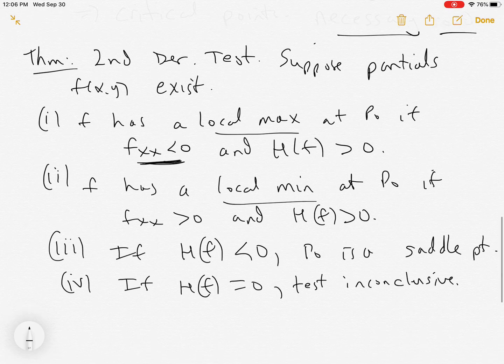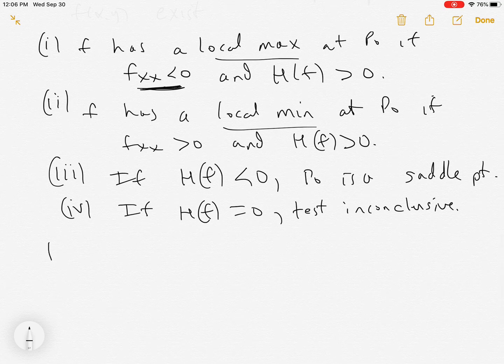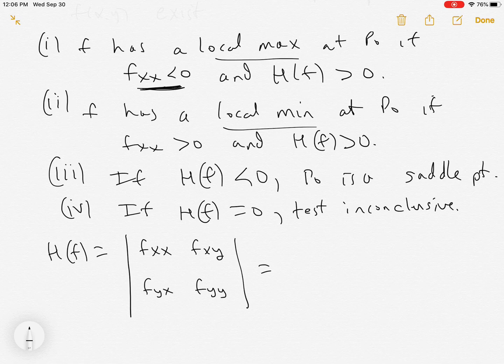And the Hessian is best written as the determinant of a 2x2 matrix of partials. If you write this out, it's f of xx, f of yy minus, and since these are continuous functions, f of xy equals f of yx, so this is f of xy quantity squared.